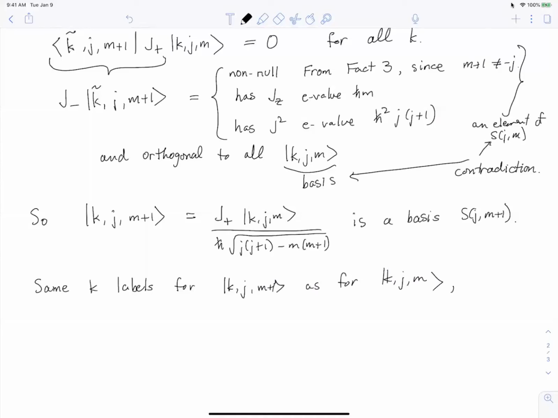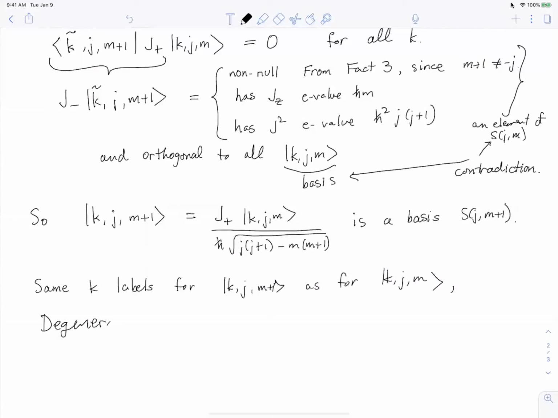So for every state in the subspace with m, there's a corresponding state, exactly 1, in the subspace m plus 1. And in particular, that means the degeneracies are the same. So when I wrote down the degeneracy, let me write the word degeneracy here.